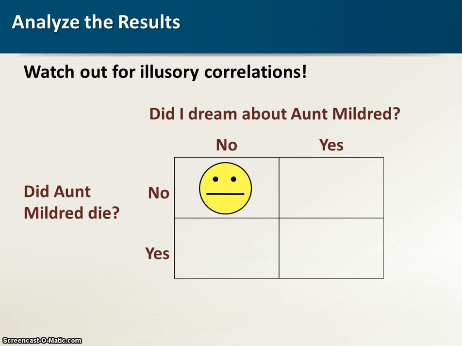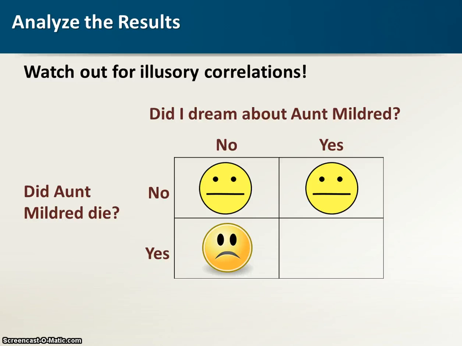But nobody notices this. They're not going to go, oh my god, I dreamed about her and she's still alive. Whoa. They're just not going to notice. Same thing, if they dream about her and she doesn't die, they might think it's a little weird, but it's not going to really come to their attention. If she dies and they didn't dream about it, they're going to be sad, but people aren't going to be like, whoa, she died and I didn't even dream about it.